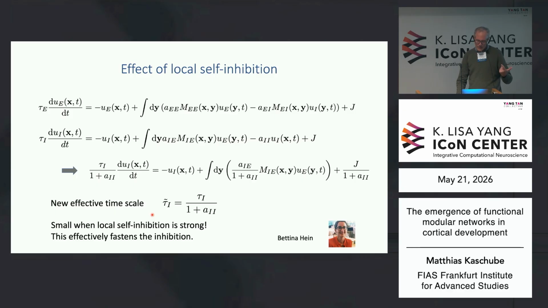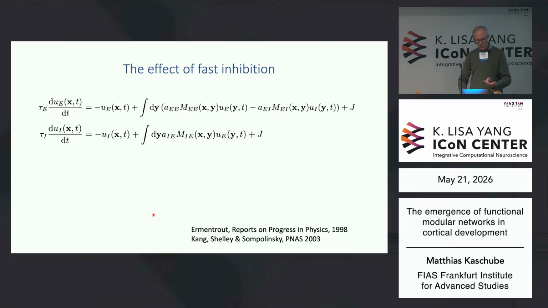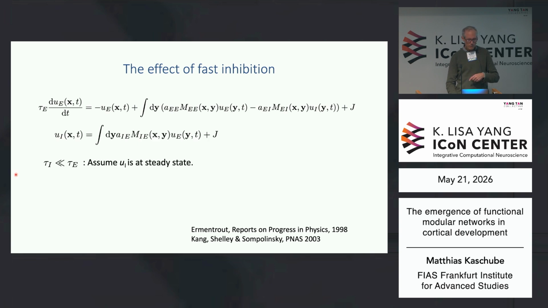This consequence has been studied in previous work on a short time scale. It's easiest to see when we go to the limit of very small time constant, then this second differential equation becomes, we can adiabatically eliminate the time dependence. Then we have this expression here of the inhibitory activation, which we can directly plug in here. When we plug it in, we have this integral over these two kernels.